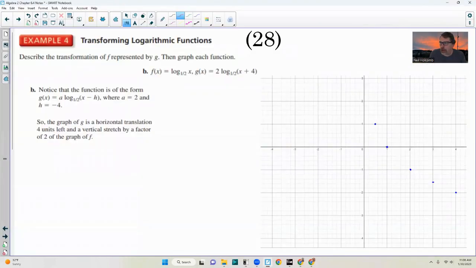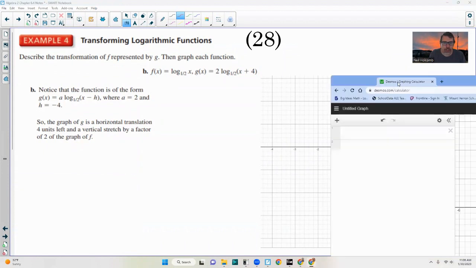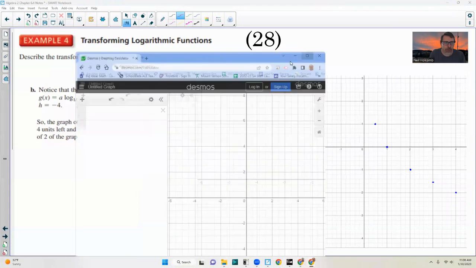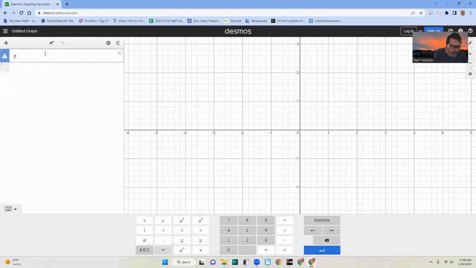So I want 2 log base 1/2 of x plus 4. So let me bring Desmos over here. Here it is. I'm going to call it g of x equals 2 log parentheses. Actually, I want a base here. So let me delete that.